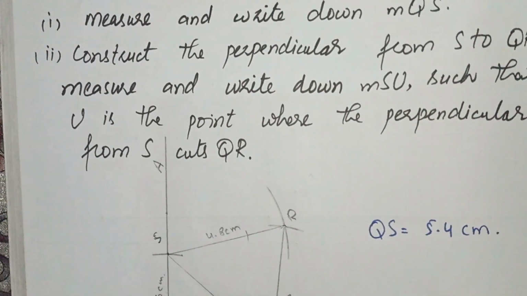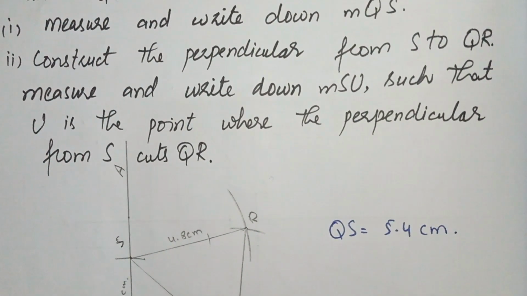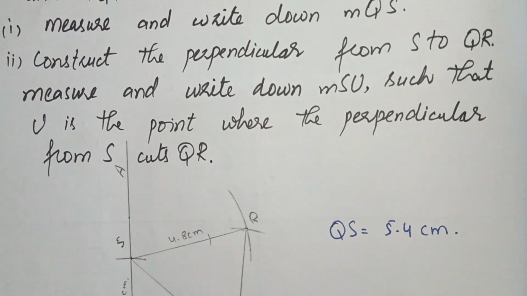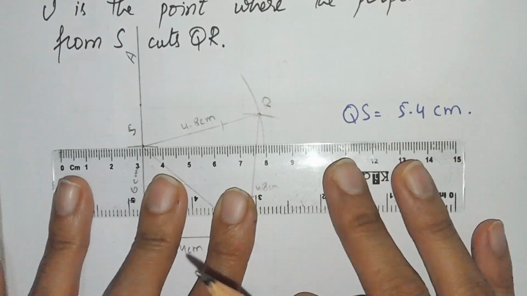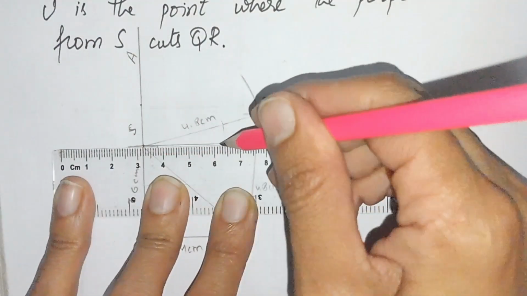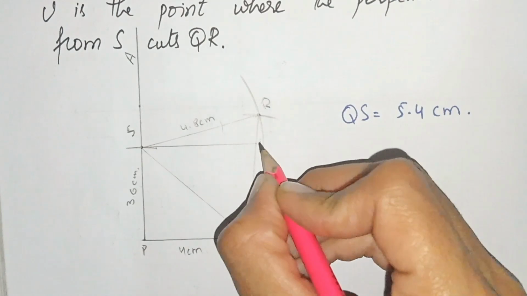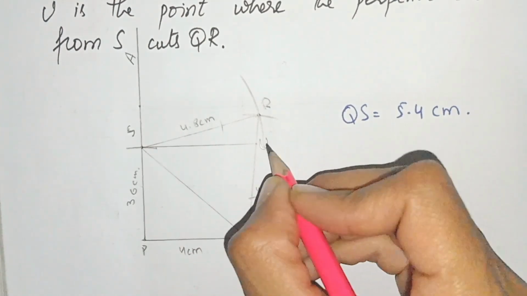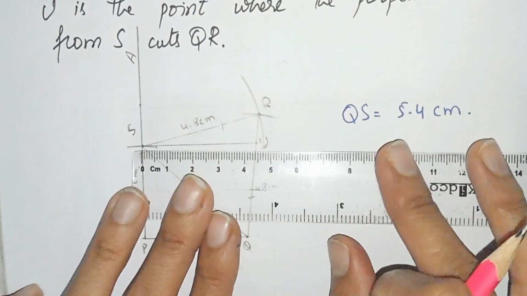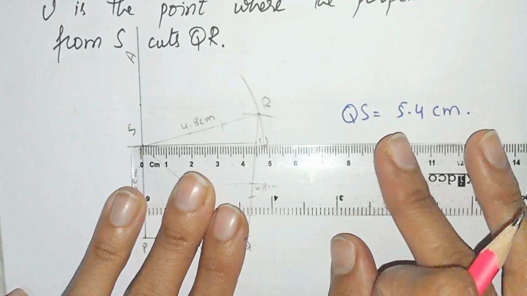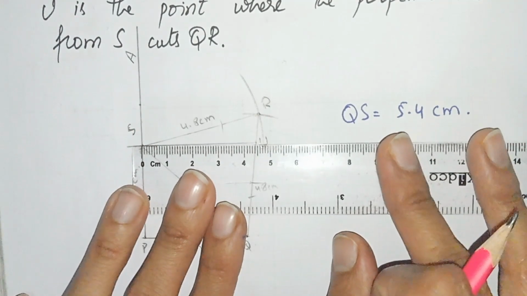Now students, point number 2. Construct the perpendicular from S to QR, measure and write down the SU such that U is a point where the perpendicular from S cuts QR. Now we have to draw the perpendicular, and this is the perpendicular from point S and it cuts at U. We also have to measure it, and SU is equal to 4.5 centimeter.